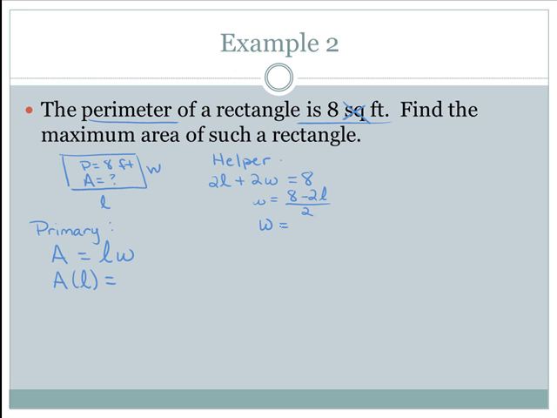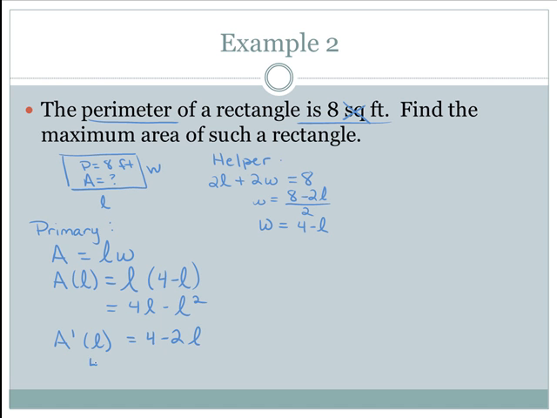We can clean that up one more step, and we get 4 minus L. So back in the primary equation, in place of the W, we're going to put 4 minus L. And if we clean that up, we get 4L minus L squared. We want to maximize the area, so we first find the first derivative, which is 4 minus 2L. To find the critical point, we set it equal to 0, and we get L equals 2.